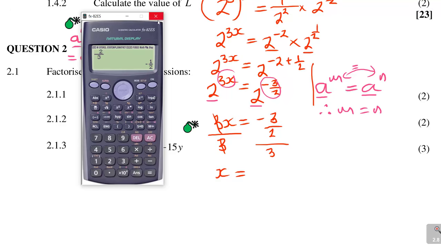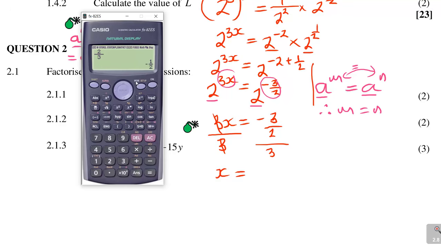This is equal to negative half. Don't do it like this if they see two division lines. That is fine, but sometimes you need to be careful. I see that the bigger one is at the bottom, so it will be negative 3 over 2, over 3. This one works well.